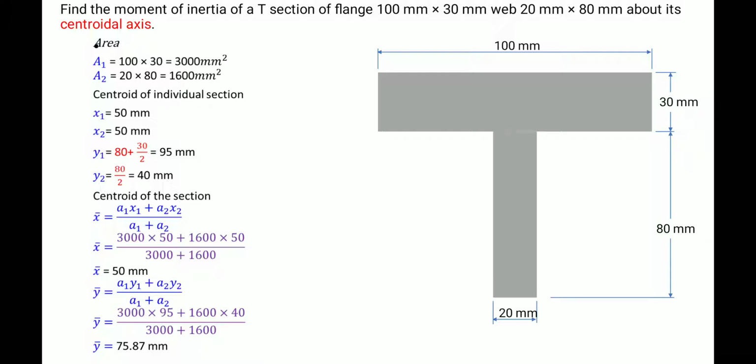It has two simple rectangles, and each has its own center point. The aggregate center point is the total centroid of the T section. So first we have to find the centroid, then we go for calculating the moment of inertia.